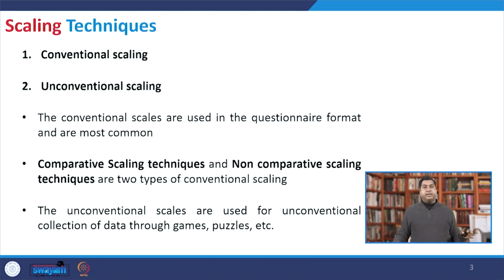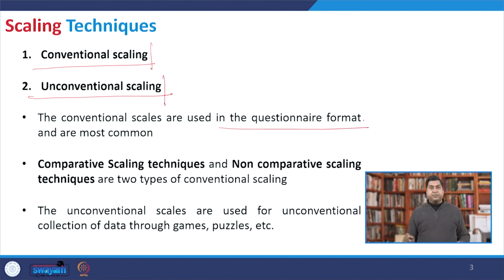Now scaling techniques can be broadly classified into two categories: conventional scaling and unconventional scaling. Conventional scaling is used in the questionnaire format and is most common; probably you have also used it in some way in your past study or earlier assignment.